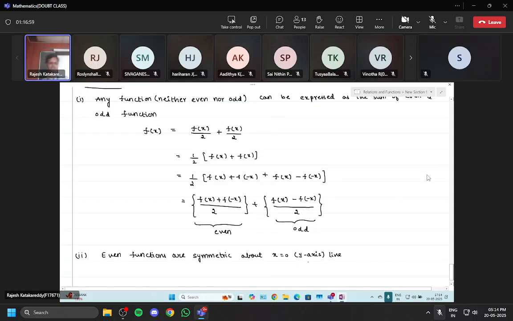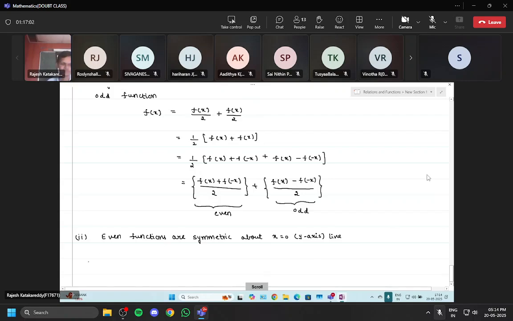Symmetric means mirror image with respect to that line. Odd functions are symmetric with respect to the y is equal to minus x line. Same thing, they will also write in opposite quadrants.